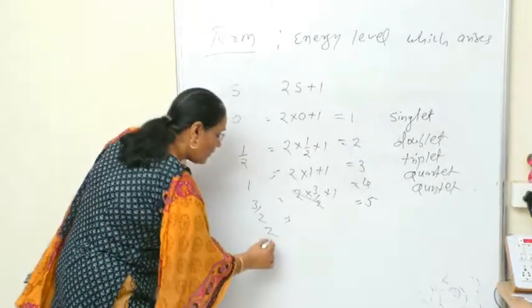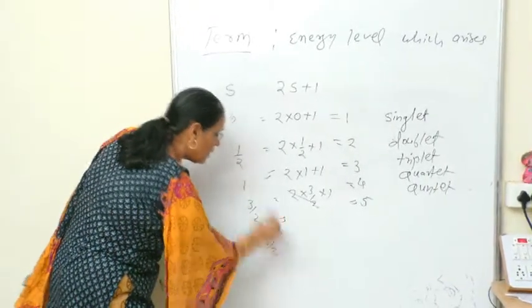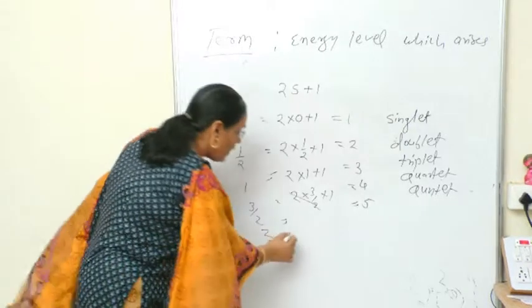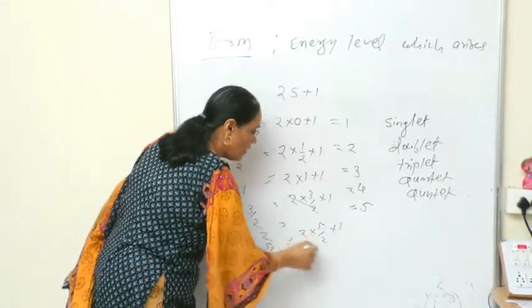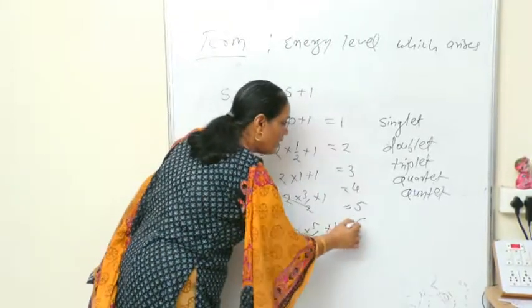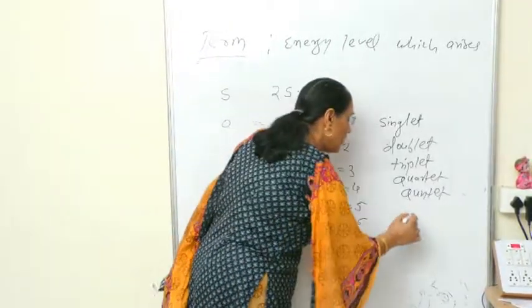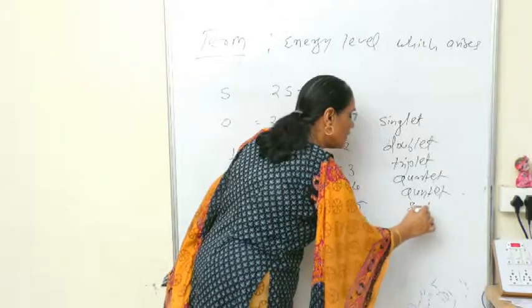And lastly, when the total spin is 5/2, 2 into 5/2 plus 1 is 6, and the term is called sextet.